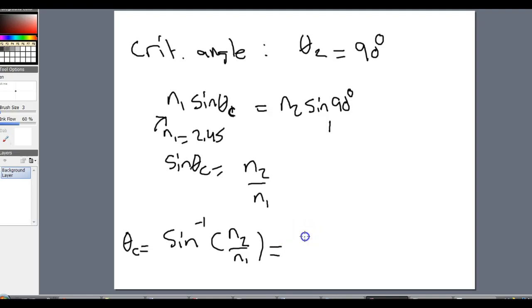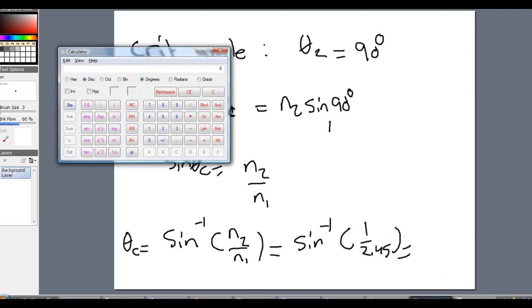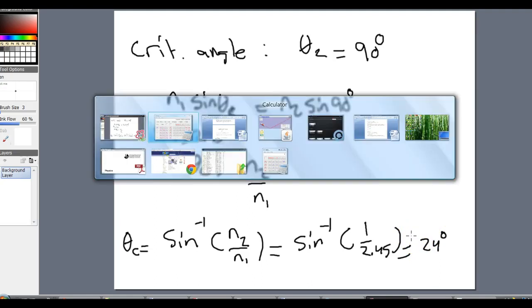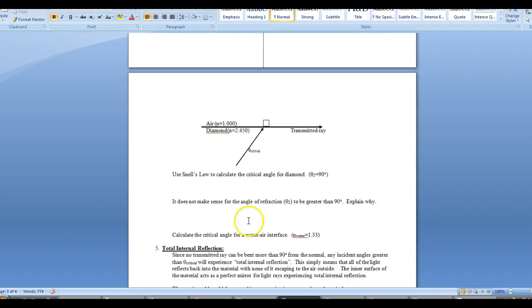I should be putting in the inverse sine of 1 divided by 2.45, and that's going to give me an angle of, let's see, 24 degrees. So the critical angle is 24 degrees. If you go past that, you have total internal reflection. If you go below that, you still have some refraction going on. So that's how you would calculate the critical angle in a simple situation.